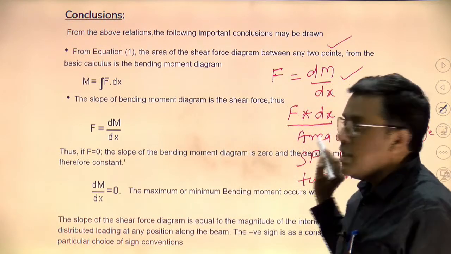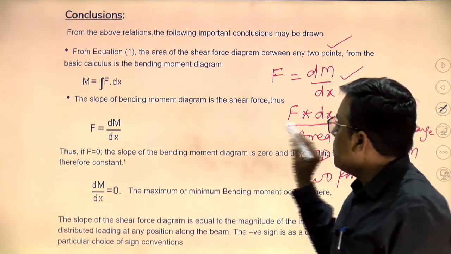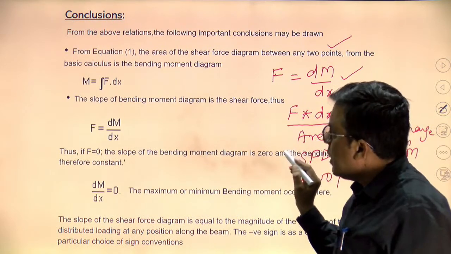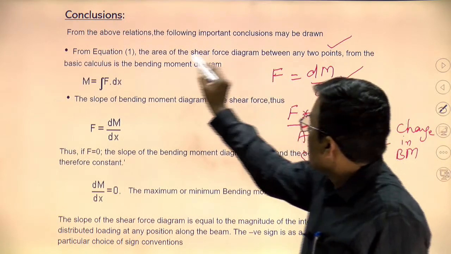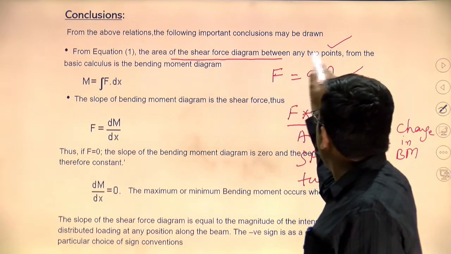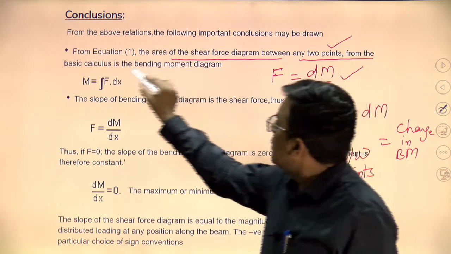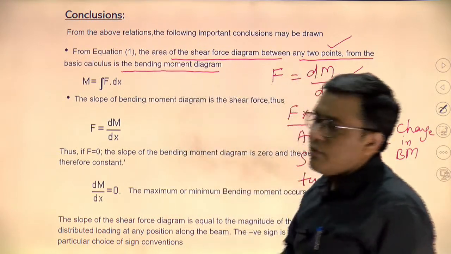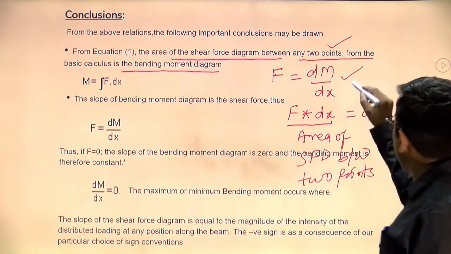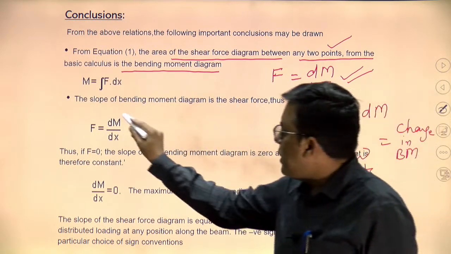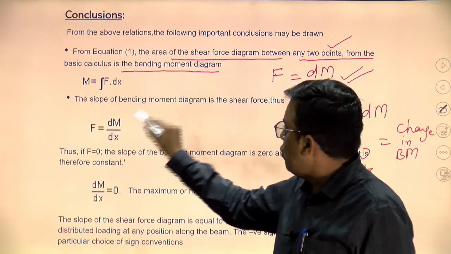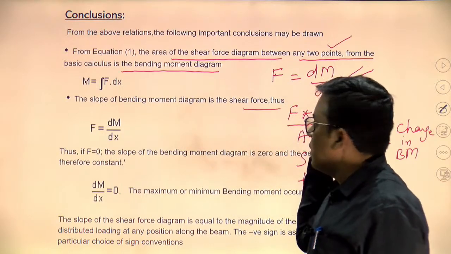So these are the conclusions we can draw from the equation f equals dm over dx. The area of the shear force diagram between any 2 points, from basic calculus, is the change in bending moment. This shows the slope of bending moment diagram is the shear force.